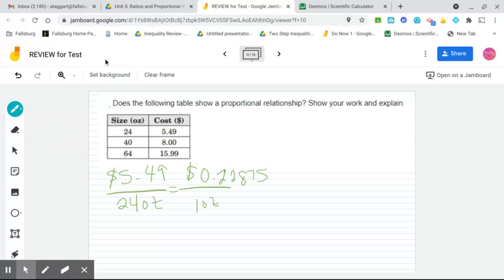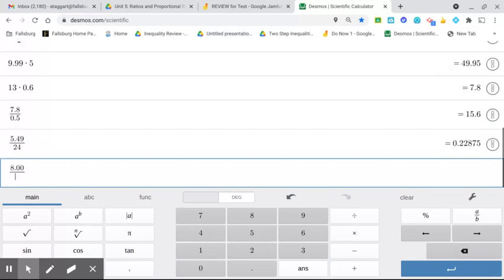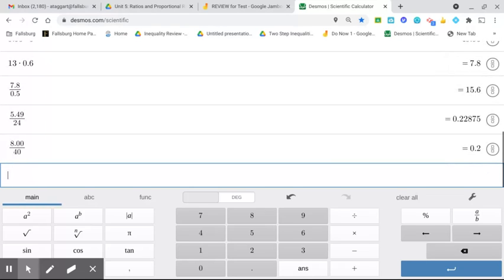So I'm going to do the next one, $8 divided by 40 ounces. How much money for 1 ounce? So $8 divided by 40 gives me 0.2.